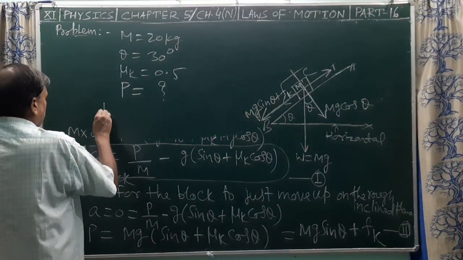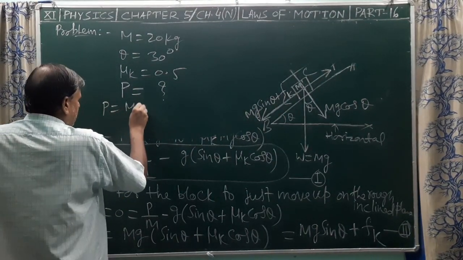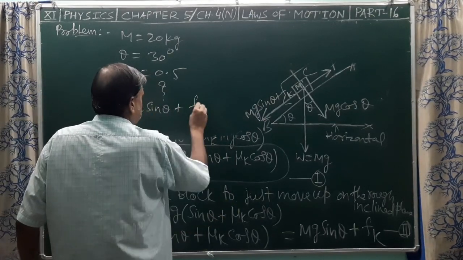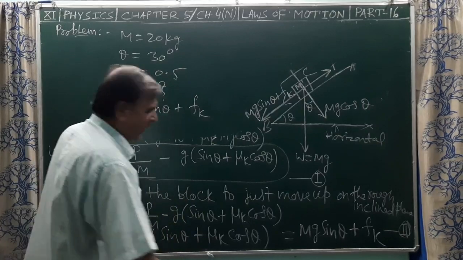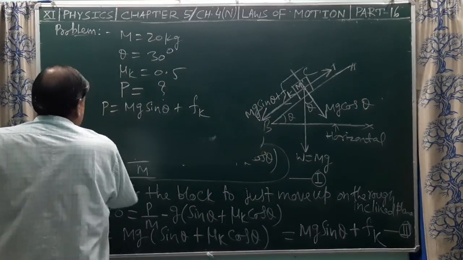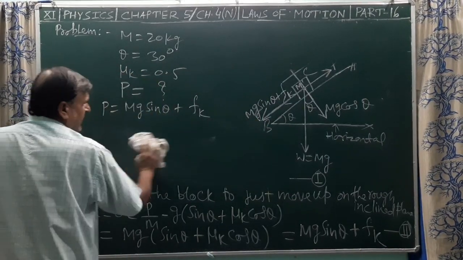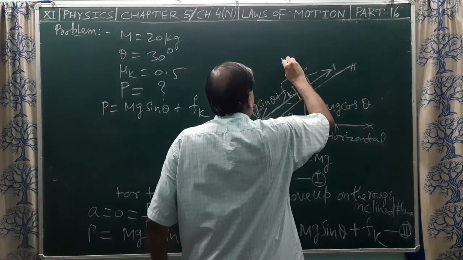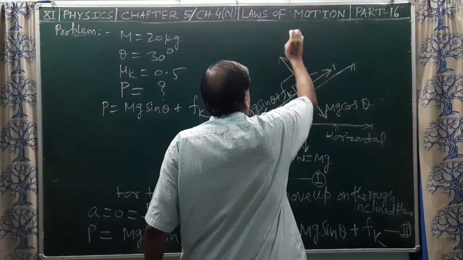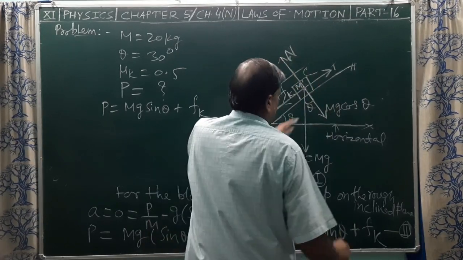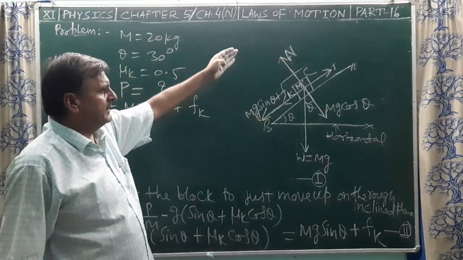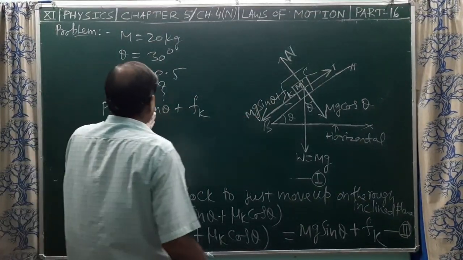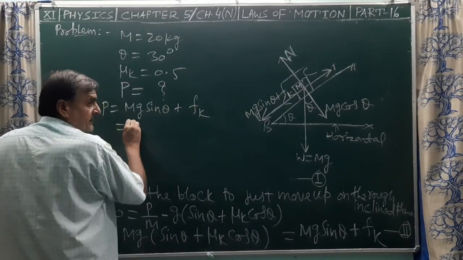So using the formula we have P is equal to mg sin θ plus Fk. Fk is the force of kinetic friction, which acts down the incline, and Fk is μk into N. N is the normal reaction, which balances the perpendicular component of the weight, mg cos θ. So N is equal to mg cos θ.